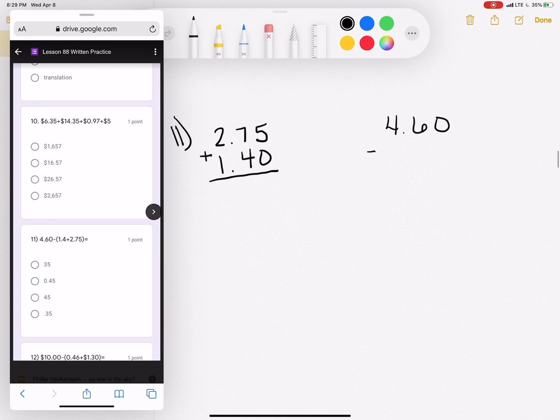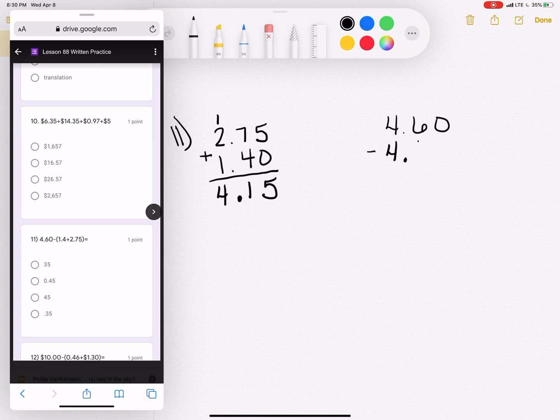11, 275. Well, this isn't money. 2 and 75 hundredths plus 1 and 4 tenths. Then subtract from 4 and 60 hundredths. 5 plus nothing is 5. 7 plus 4 is 11. Decimal. 3, 4.